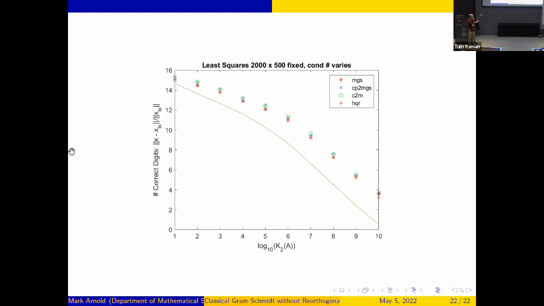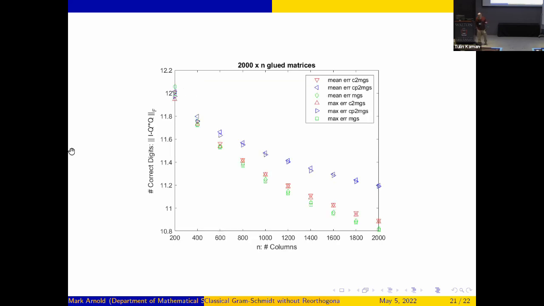And this is the recursive type algorithm with the permutation matrix. And then the star is the Gram-Schmidt. And again, it's all very close to each other. Here, the green line is the least squares condition number. So it's got a bit of the square of the condition number of A into it. And that's it.